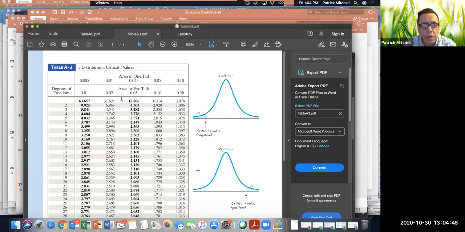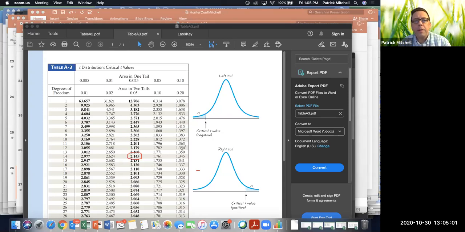So where that column and that row meet, you will see 2.145. So that's going to be the critical t-score for this confidence interval.